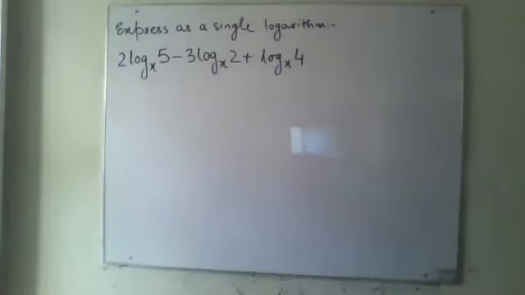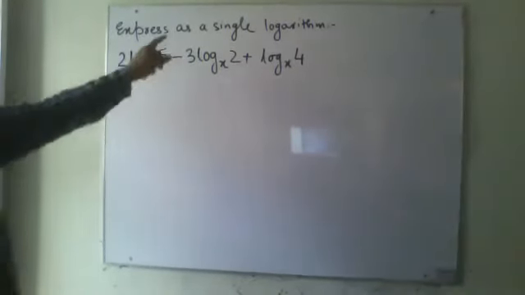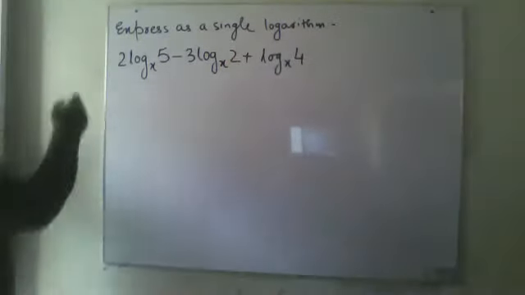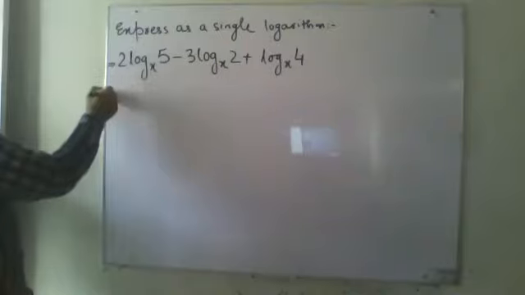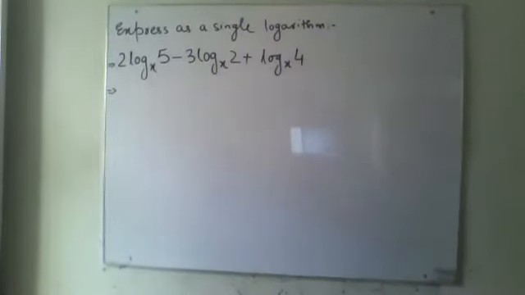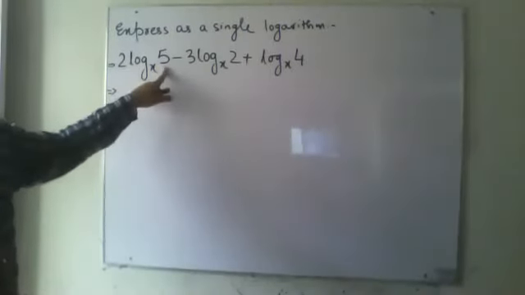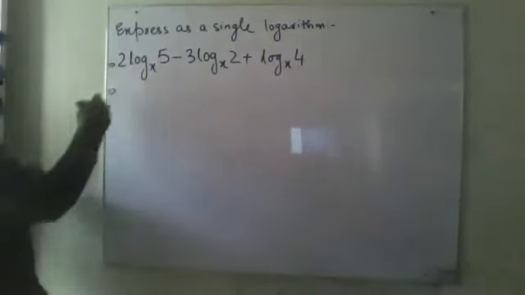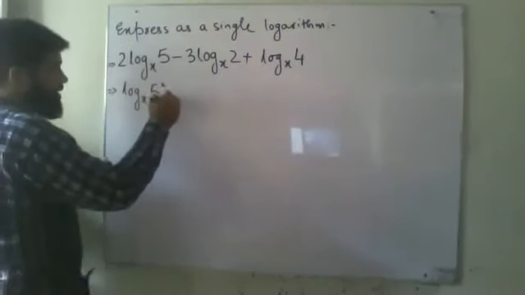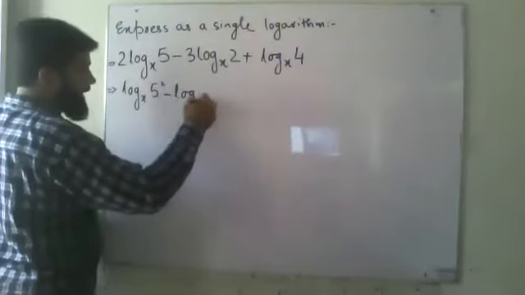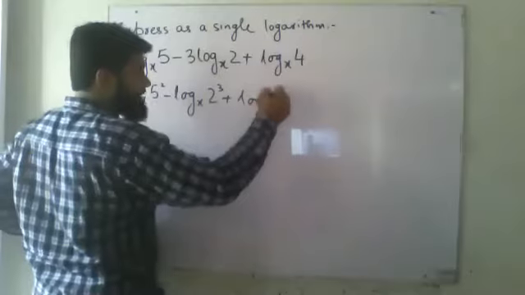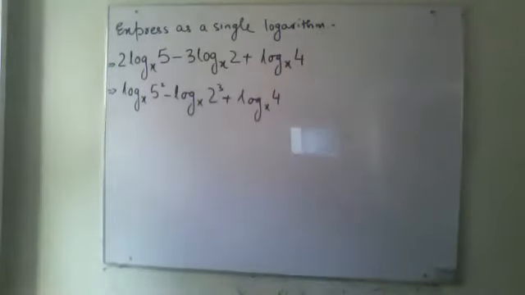This is the question given to me, and they are telling me to express it as a single log. So first of all, the multiples which are written before the log, I am shifting them as the power of the multiple of the log. So this 2 will be shifted over here. Log base x 5 square minus log base x 2 cube plus log base x 4.